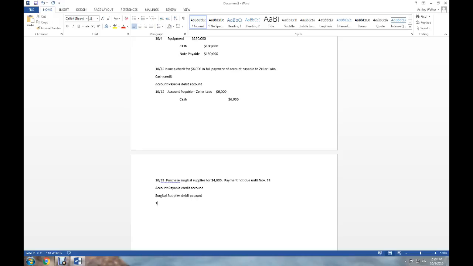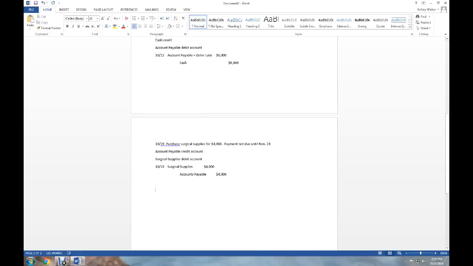So when we do our journal entry, we're going to debit surgical supplies for $4,000, and we're going to increase our accounts payable for $4,000. So hopefully by analyzing a transaction before you get started, you start getting pretty fast at these.